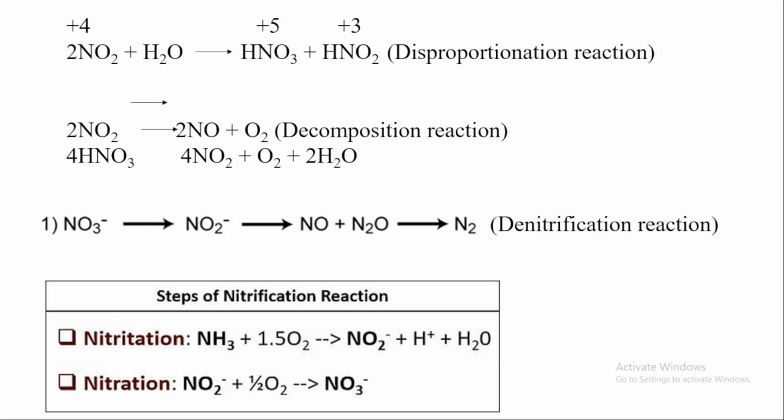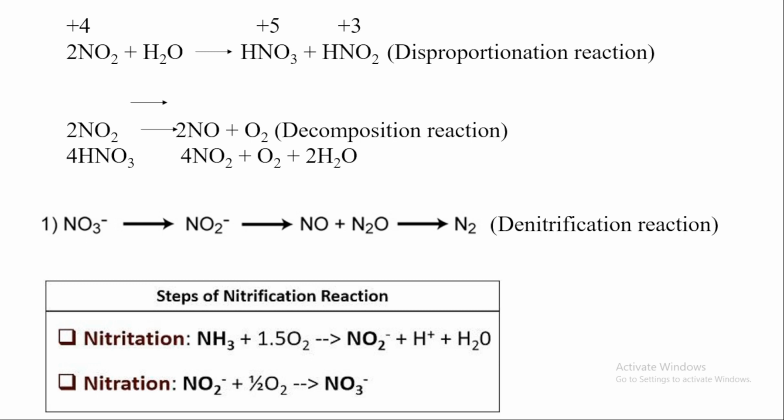We have oxidation state of oxygen as -2. So 3 into -2 will be -6. And hydrogen can have a positive oxidation state, so the oxidation state of H is +1, in the form of H+.